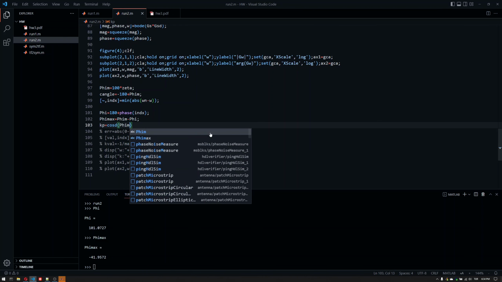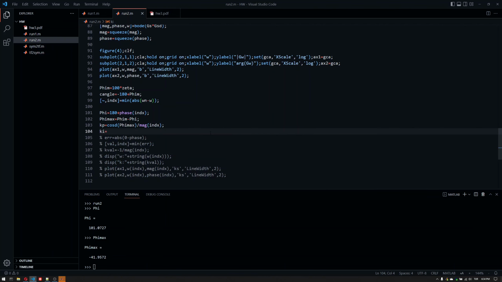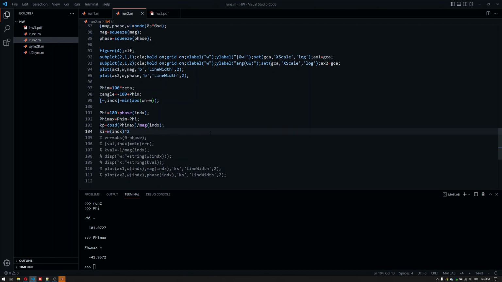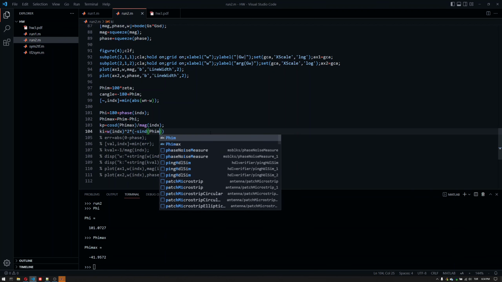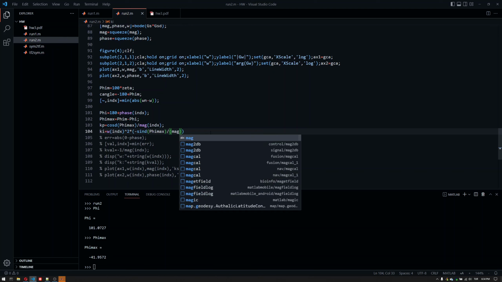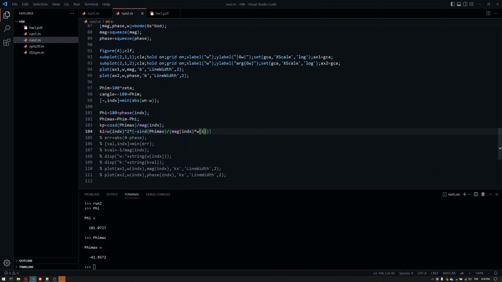It is phi max divided by the magnitude index here, and the Ki part here is basically omega index squared times minus sine of d, degrees again, phi max divided by magnitude index times omega index.